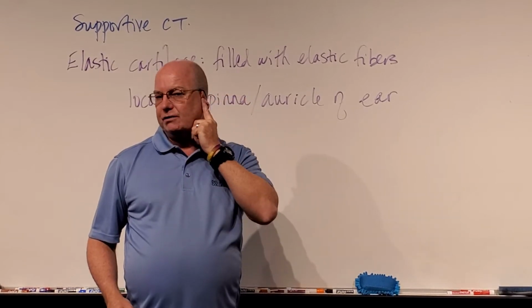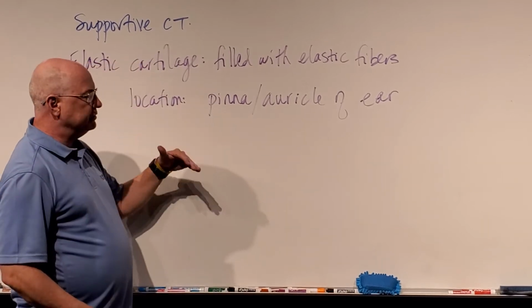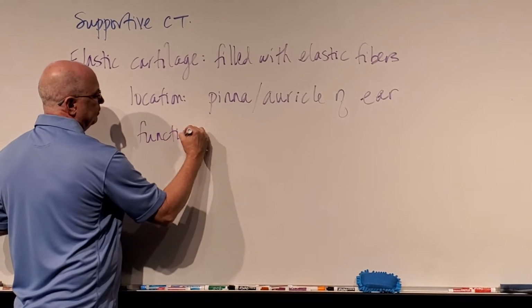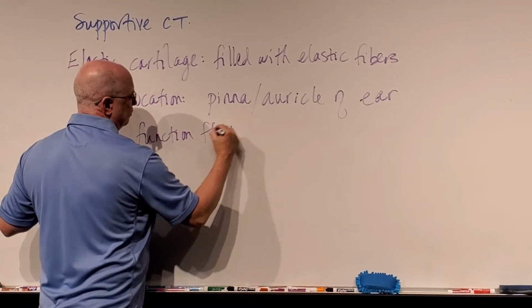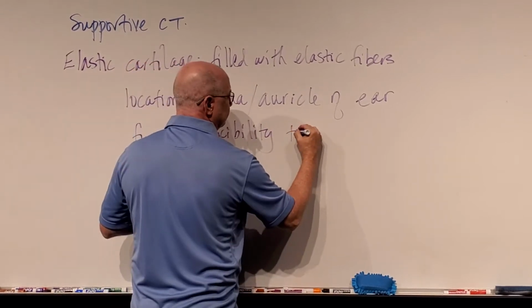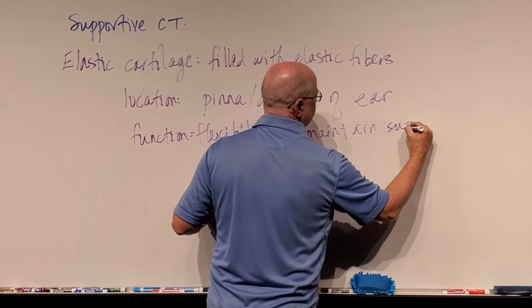If I flex it and let go, it snaps back. It's very elastic. So the function of elastic cartilage is flexibility to maintain shape and support of certain structures.